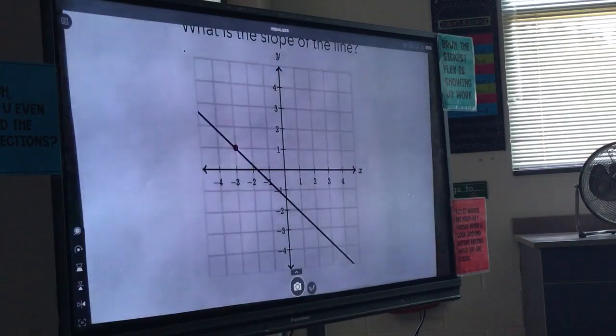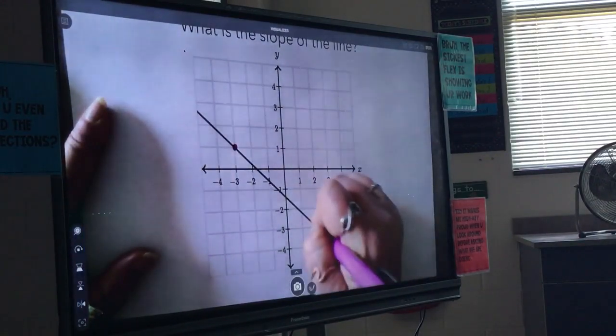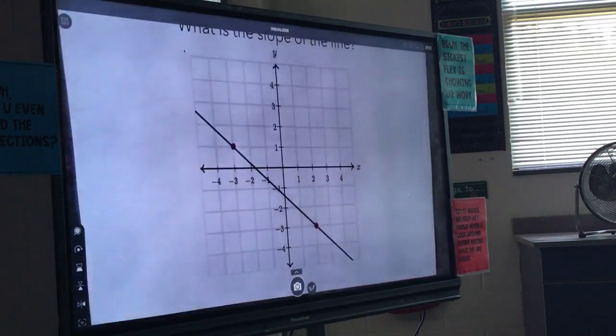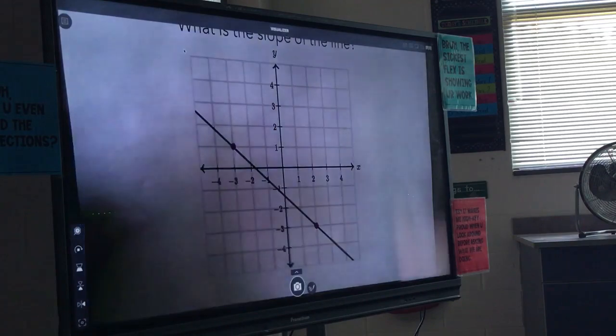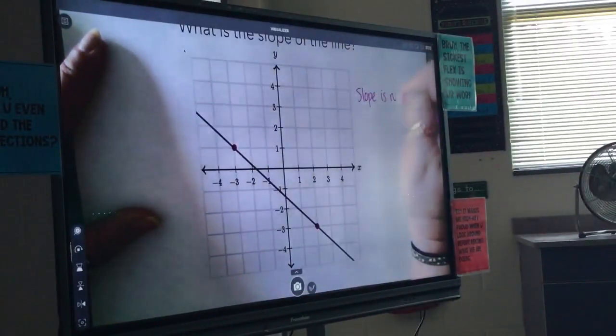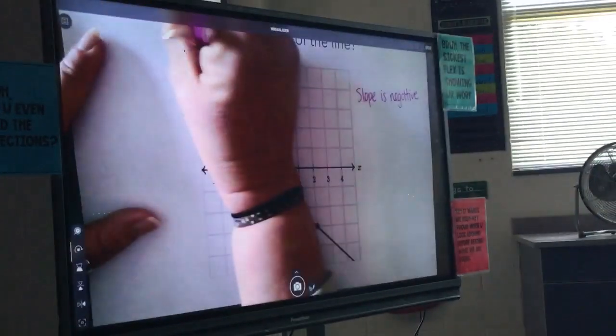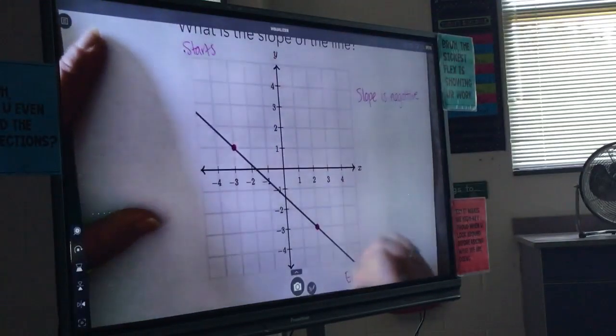Ariana. +2, -3. All right. What do we notice about this line? Brayden. It's going to be negative. So my slope is negative. How do I know? Because it starts at the top and goes towards the bottom. So it starts here, ends here.